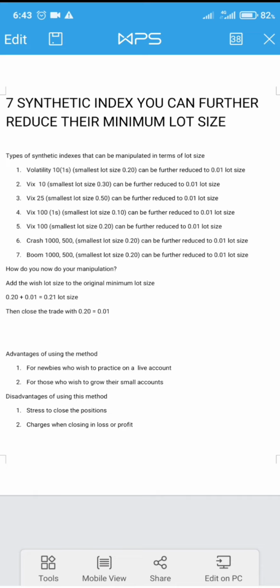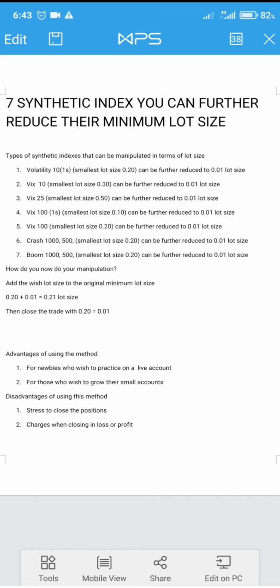If you want to reduce that, I think the minimum lot size for Volatility 50 is like 3 lot size. Trying to reduce it to maybe 0.20 or 0.10, you need to use maybe a 33 lot size. So you can see that it's a higher lot before you can further reduce. So you may not use that on your maybe $100 account or maybe $20 account.